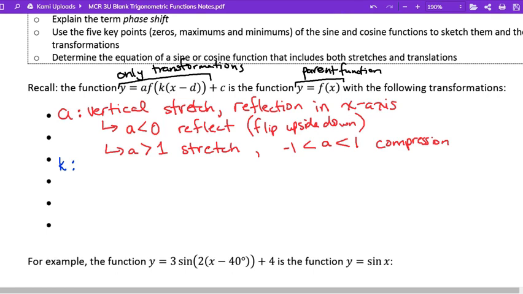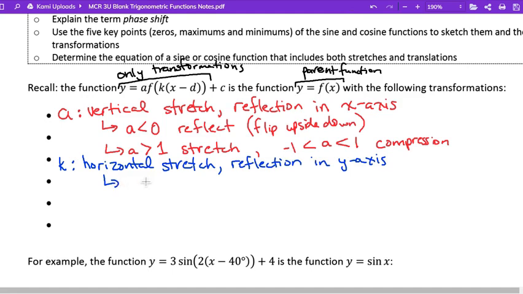All right, k, that was the new one for this year. This is our horizontal stretch. And what else is it? Good. It's a reflection in the y-axis. So let's talk about that.